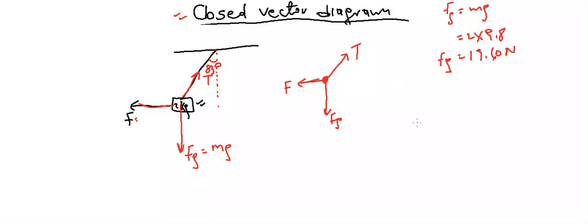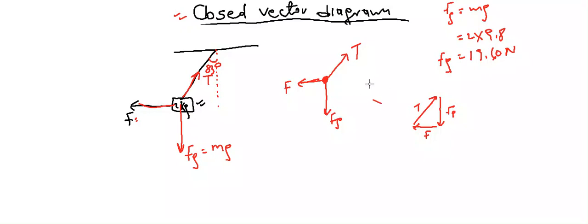Let's draw the closed vector diagram. So we have the force going up that way, which is the tension. Then we have the force downward, which is Fg. We have the force to the left, which is the force F. This one is Fg. This one is tension. So let me draw it.